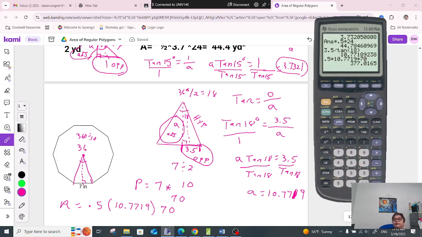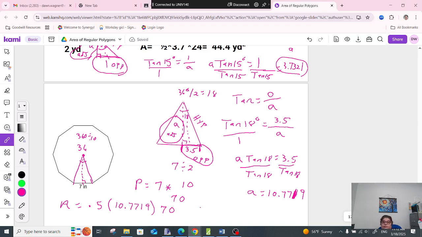And I get 377.0. Now I can round. 377.0 inches squared.